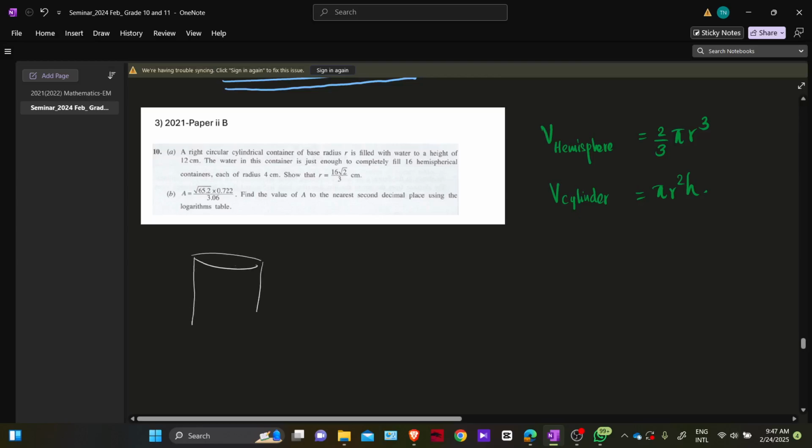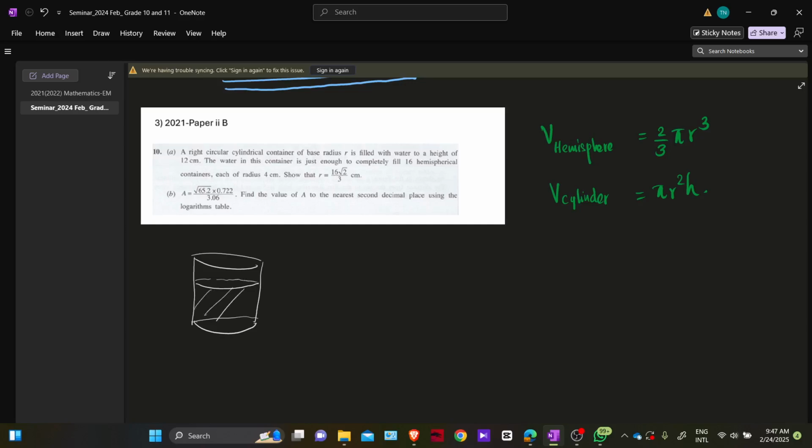Initially, there's a cylindrical vessel, right? There's water up to the height of 10 centimeters. I'm sorry, up to the height of 12 centimeters, where the base radius is R. Now, that water volume is used to fill hemispherical containers, which means hemispheres.